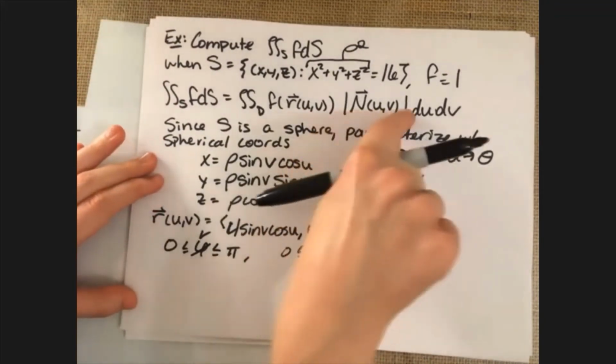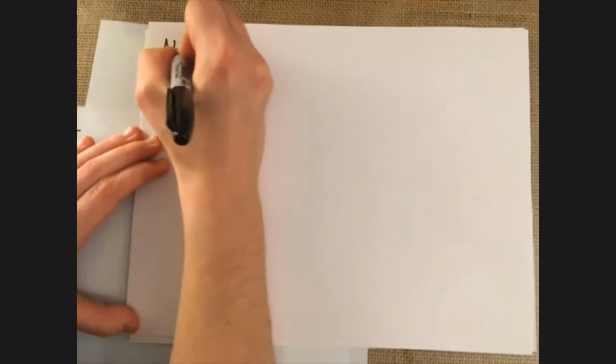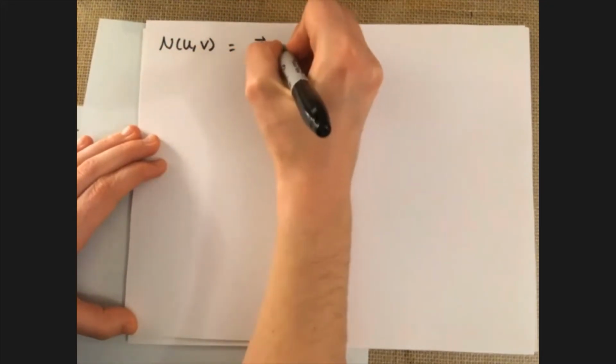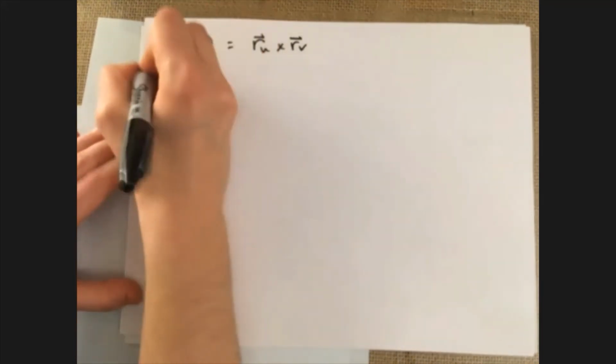Now we need to compute this piece right here. I'm going to need a new page to do that. So we recall that this is equal to r_u cross r_v. So I need my r_u and r_v.